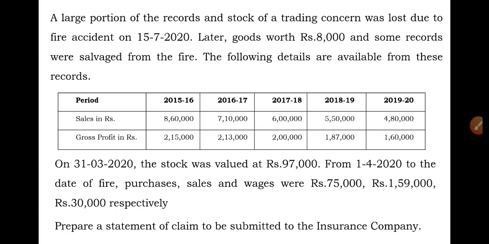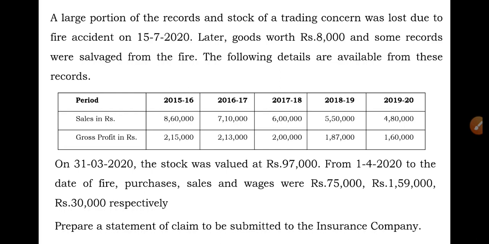But in this question they have mentioned sales and gross profit for the past few years, so it is very clear. Based on this gross profit and sales, we have to calculate the gross profit ratio for the past 5 preceding years.